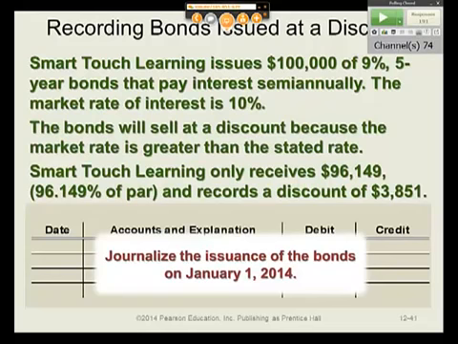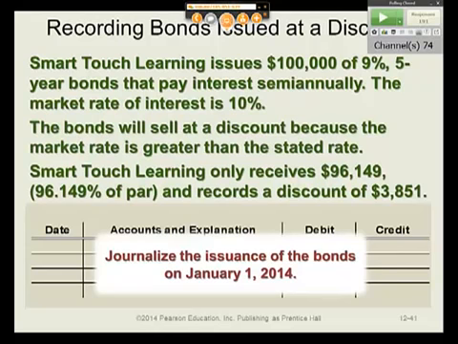And that is a contra liability account. So when you record this, we have to set this up by ensuring that the par value stays in the bond account. The amount of cash I receive is 96,149, and the discount is debited for the difference.